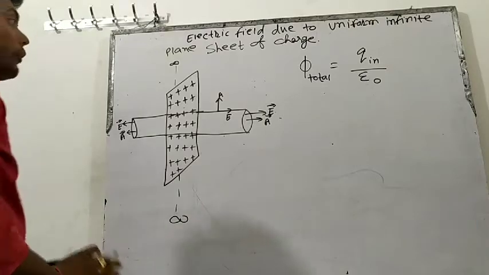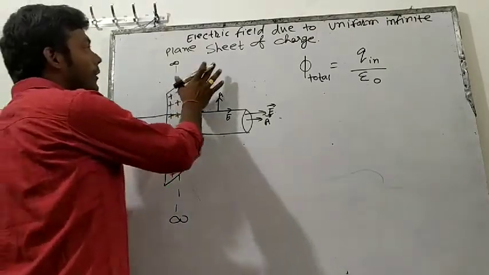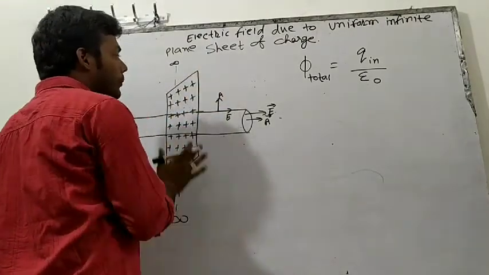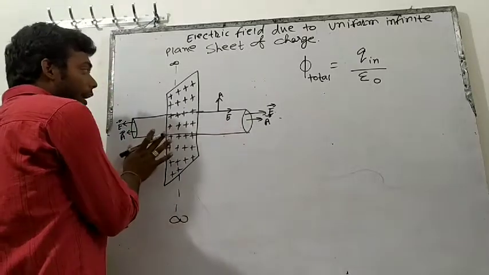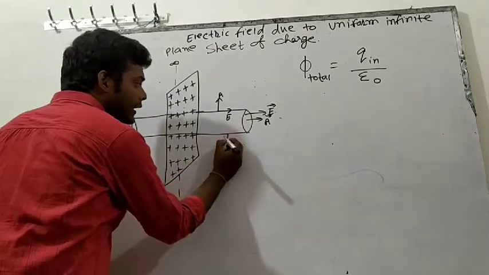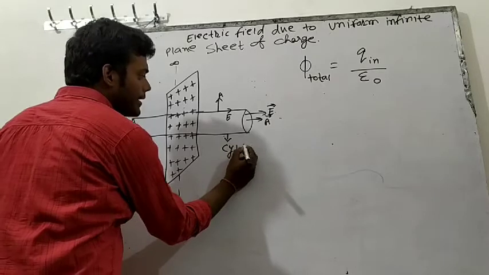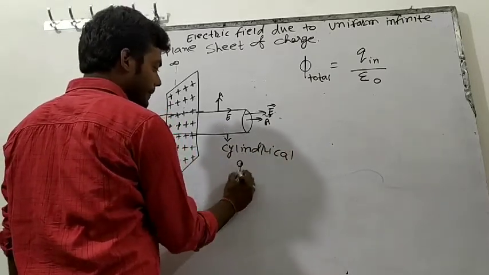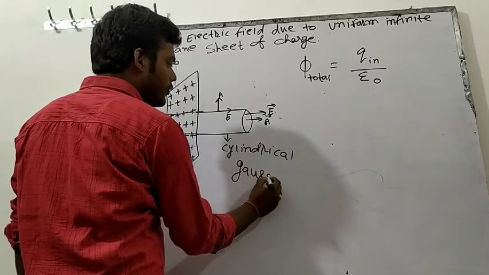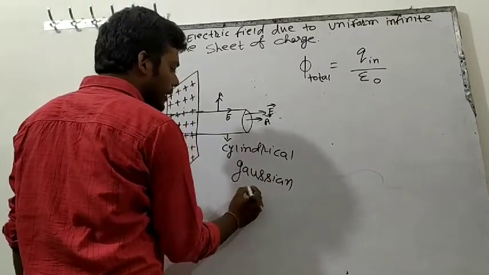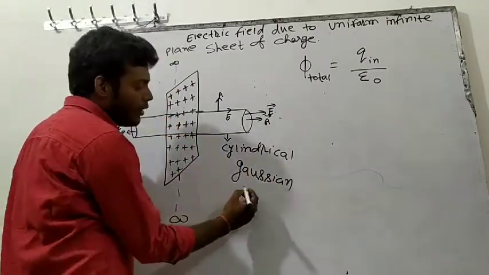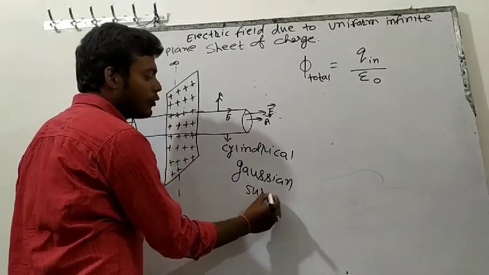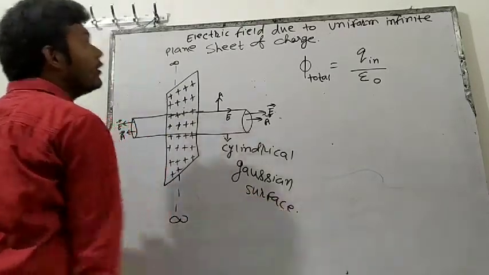So how will we find it? First, for applying Gauss law, we have to take a Gaussian surface. Here also we are taking a cylindrical Gaussian surface, because as I told you in the previous lecture, a cylinder is a closed surface and it is symmetric also.